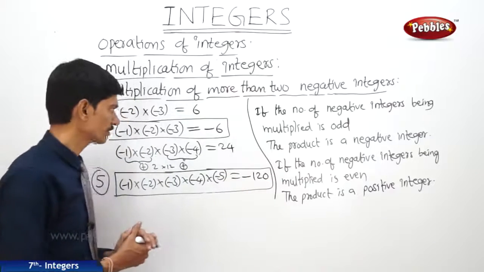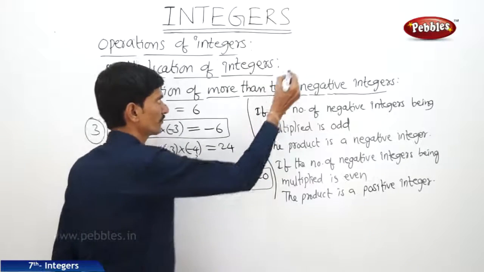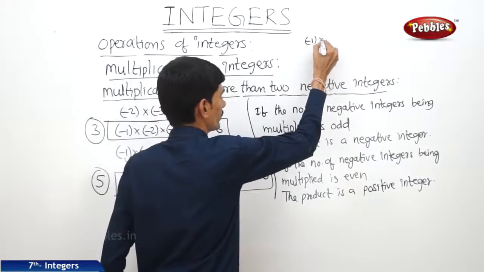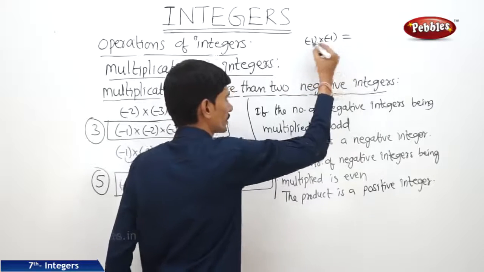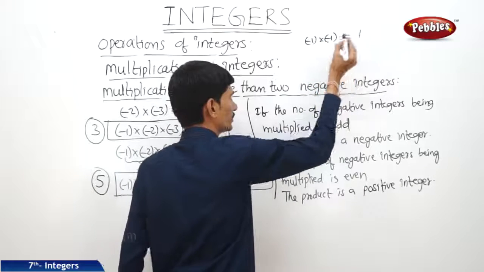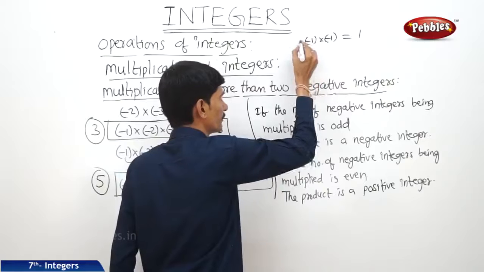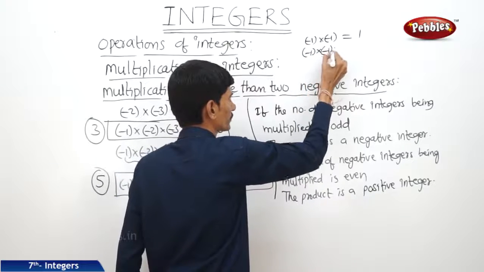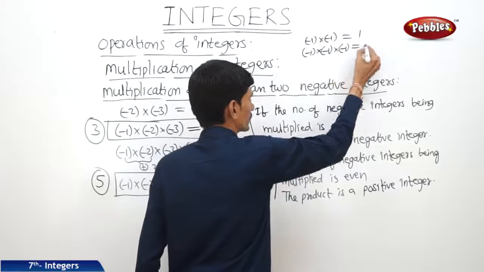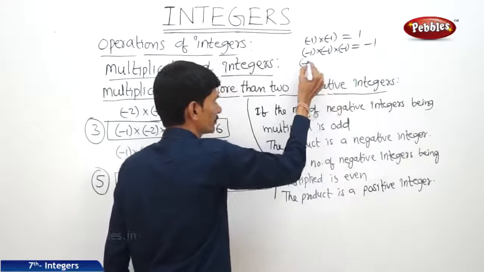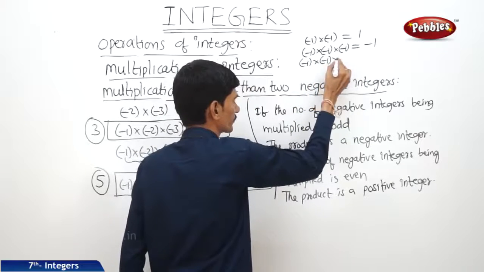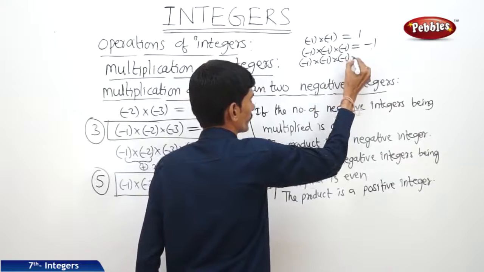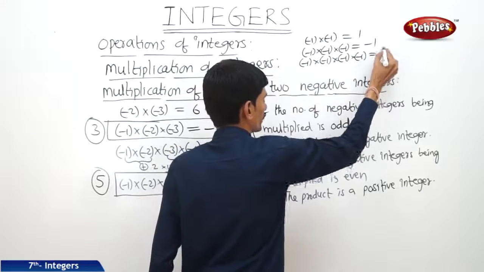So you can even check by taking -1. When -1 is multiplied by -1, we get the product 1. Here we have multiplied an even number of times. When -1 is multiplied 3 times, we get the product -1. When -1 is multiplied 4 times, we get the product 1.